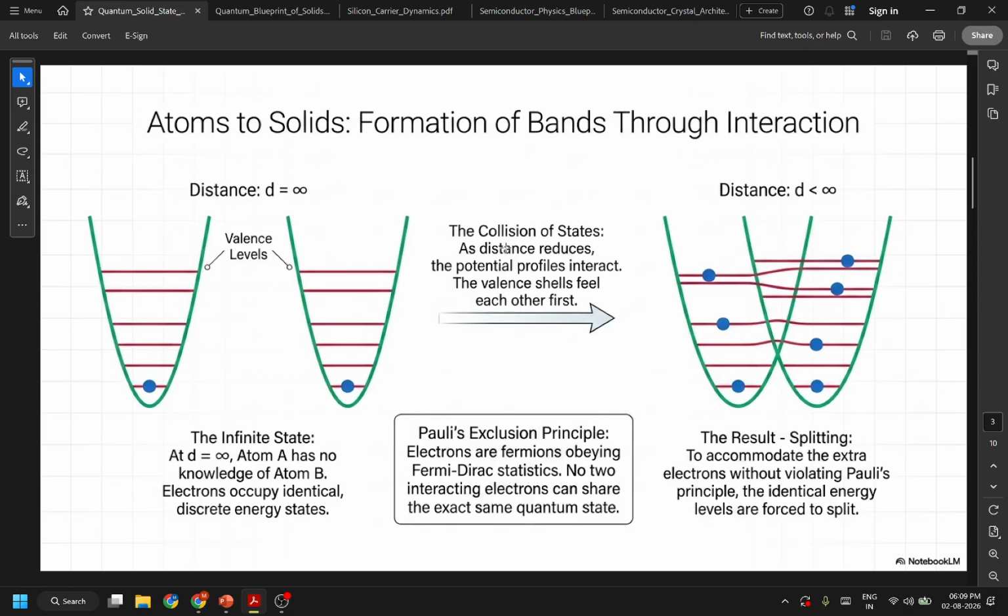As distance reduces, these two potential profiles will interact, and the valence shell of each atom will experience the valence shell of the other atom first, which you can see here. You can see they have started interacting.